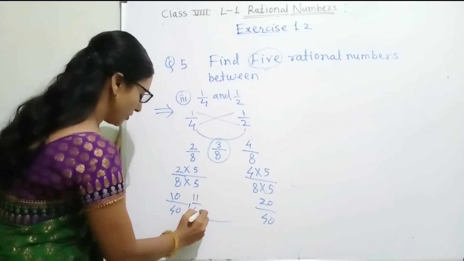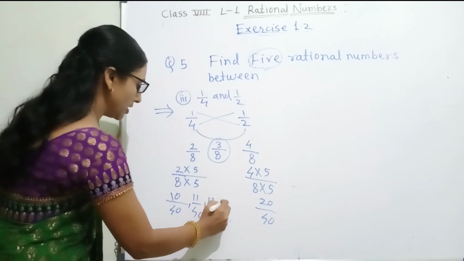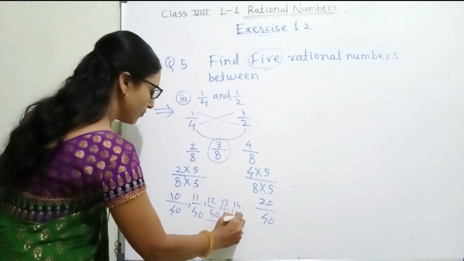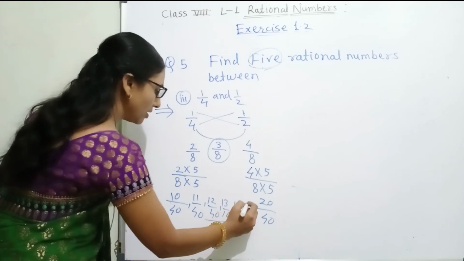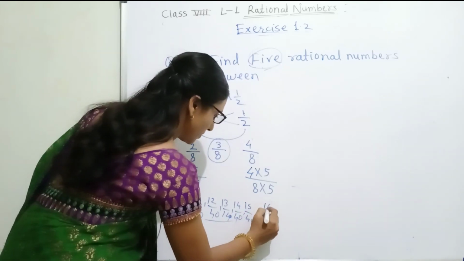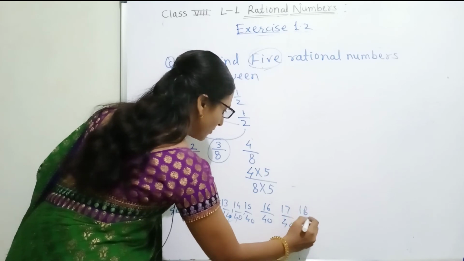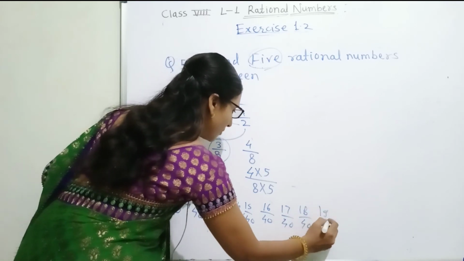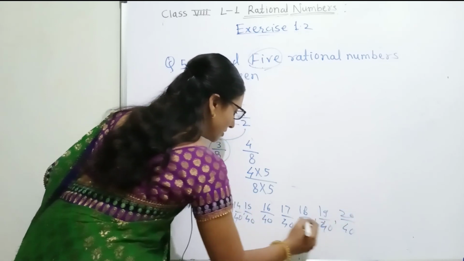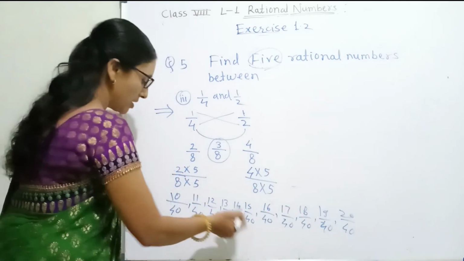After 10 by 40 comes 11 by 40, 12 by 40, 13 by 40, 14 by 40, 15 by 40, 16 by 40, 17 by 40, 18 by 40, 19 by 40, 20 by 40. We can write any 5 rational numbers out of these rational numbers.